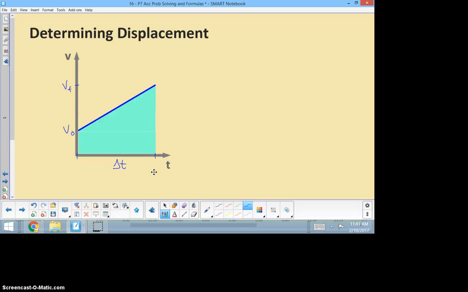So hopefully you have come up with two ways to express this area based on the variables I've given. I think probably one of the more common ways would be to take this and break it up into two shapes, a rectangle and a triangle. So if we were to do that, we could find the area of each of these shapes, and together that would give us our displacement.